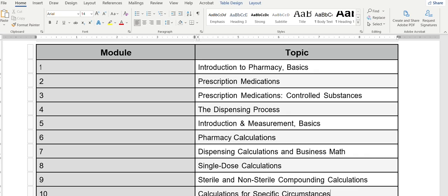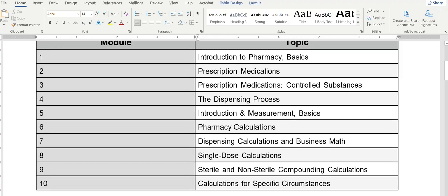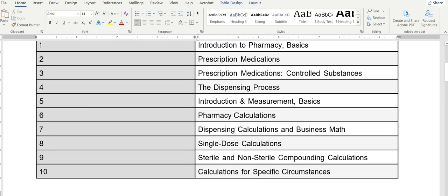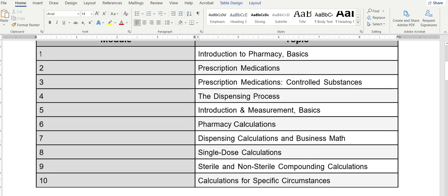These are the course outlines that you have. We have been able to share these courses across the lecturers who are to take pharmaceutical calculation, dispensary calculation, and business maths, and how you should handle these things when you are doing your internship.